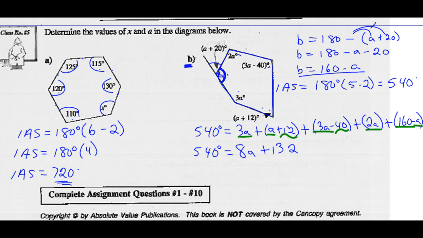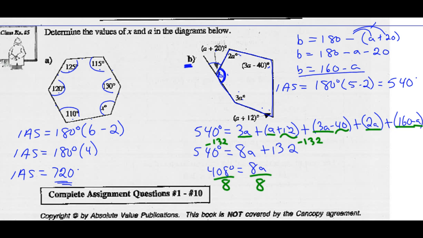So to solve this equation for A, I'm going to minus 132 from both sides of this equation. So 540 take away 132 is 408. That equals 8A. We now divide both sides by 8.